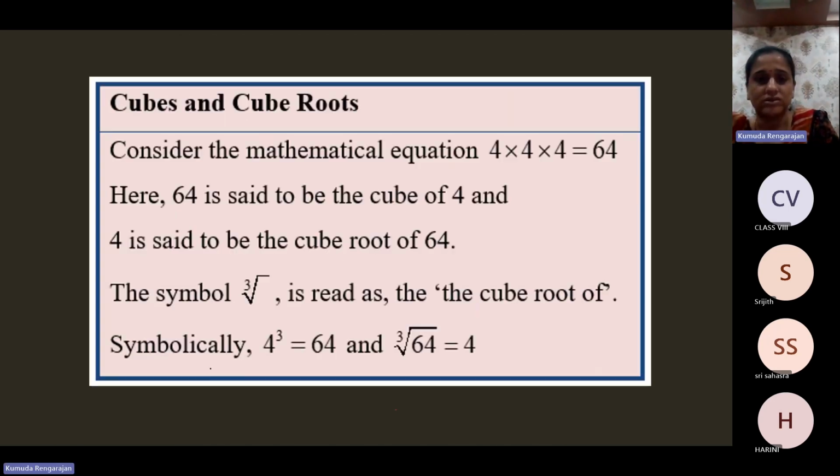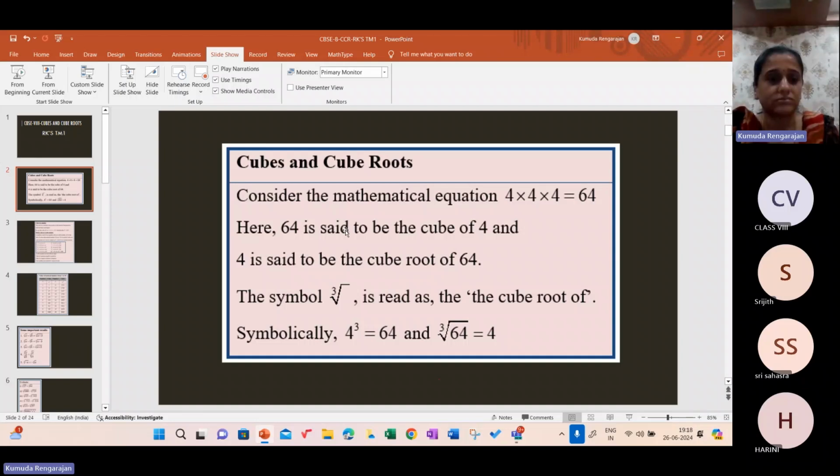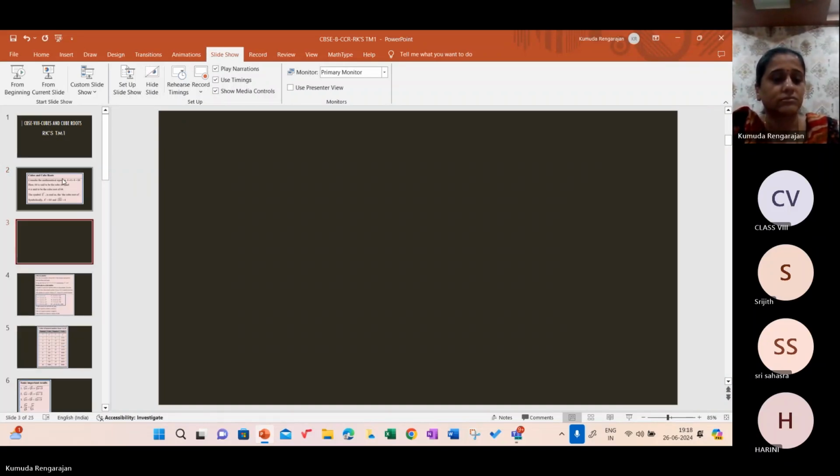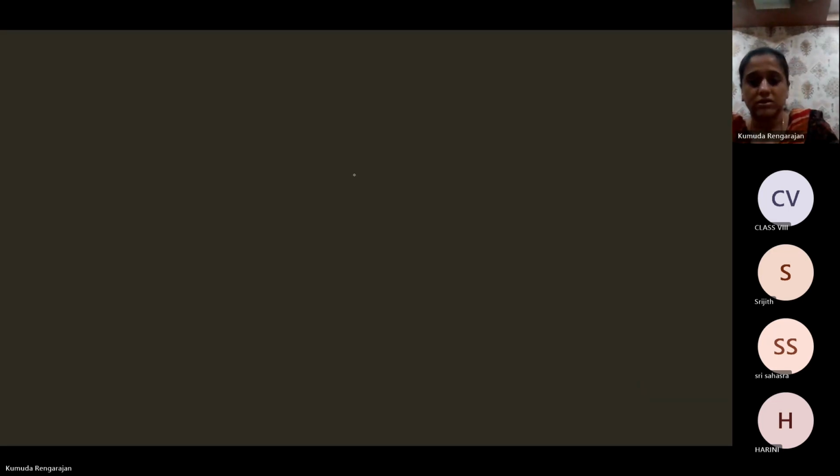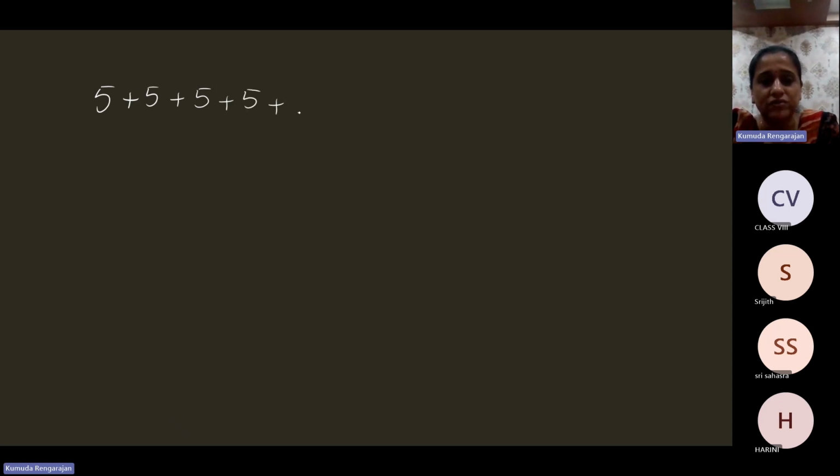Repeated addition is multiplication. See, 5 plus 5 plus 5 plus 5 plus 5, like this 25 times. This is repeated addition.